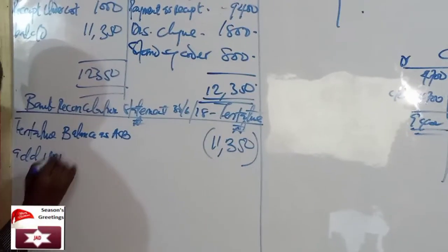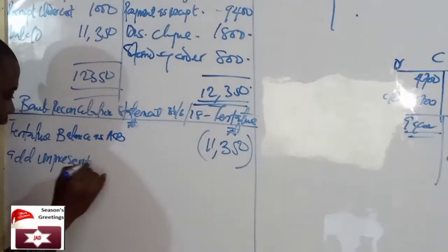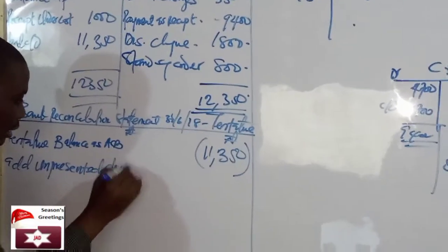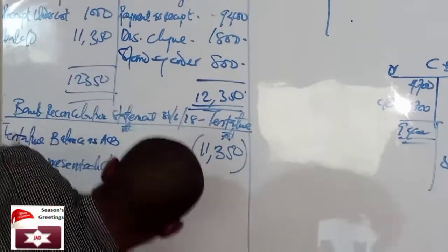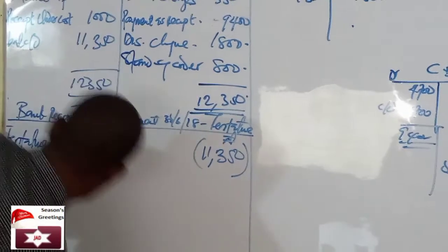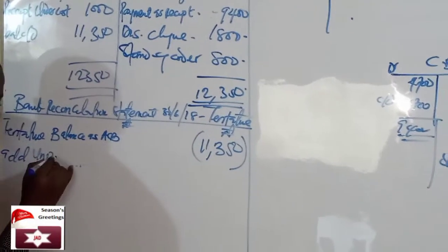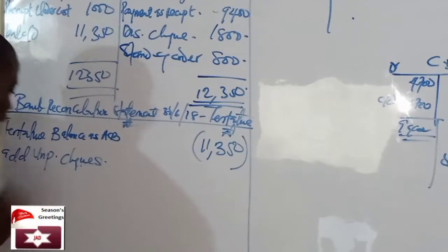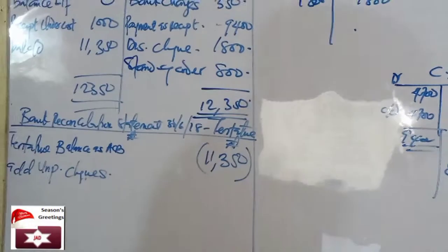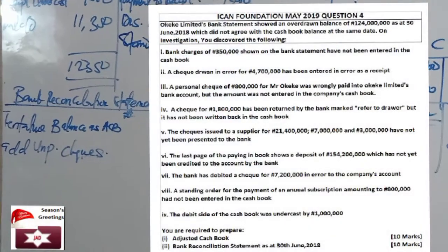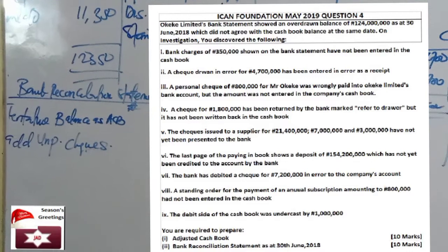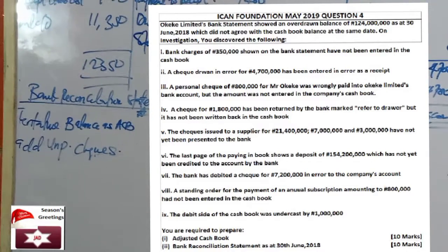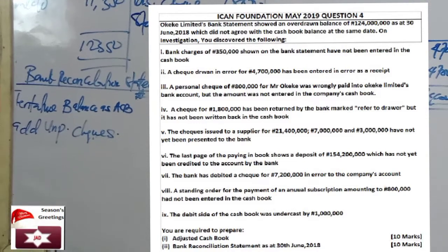Okay, so we say add unpresented checks. What are the unpresented checks according to the question? So let's go. Here I can see checks issued. That's number 5. Check issued to supplier for 21,400,000, 7 million, and 3 million has not been presented.